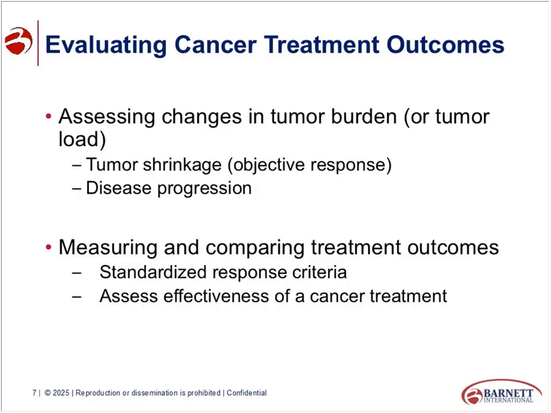Tumor shrinkage and time to disease progression are often common endpoints used in many oncology trials, but these endpoints are only useful if you're able to systematically measure and compare treatment outcomes. So comparing treatment outcomes not only allows for prospective endpoint evaluation in clinical trials, but it also serves as a guide for assessing effectiveness of those cancer treatments.